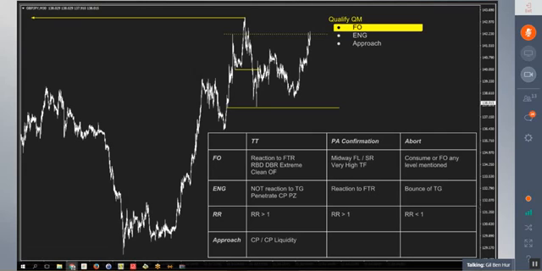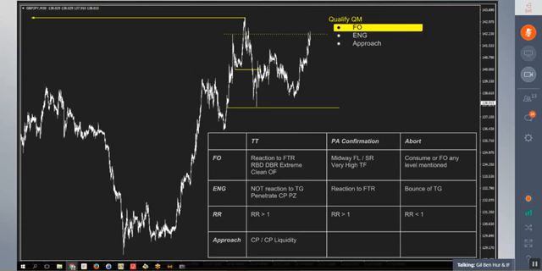I have three statuses for each one of these three dimensions of the Quasimodo. One is a touch trade, meaning it's so obvious that it should work that I can put in a limit order and just go to sleep and wait for the outcome.